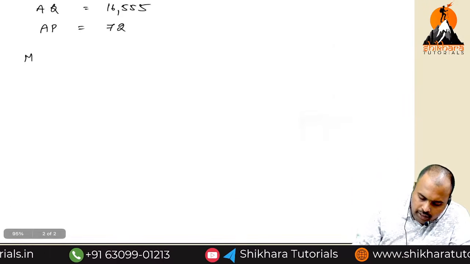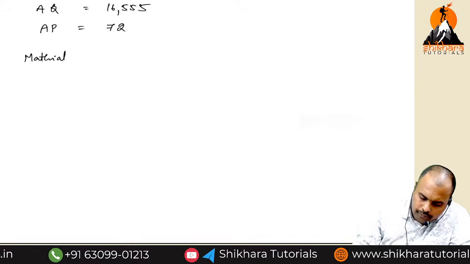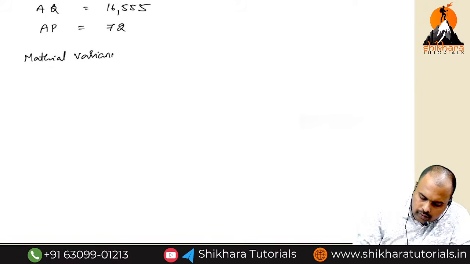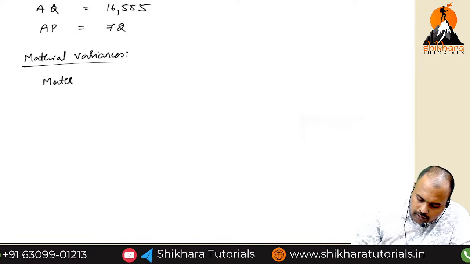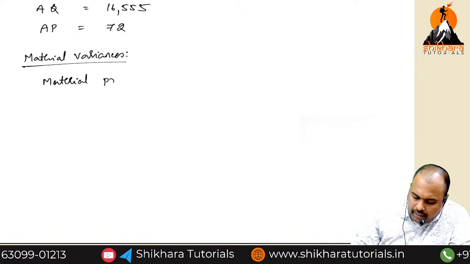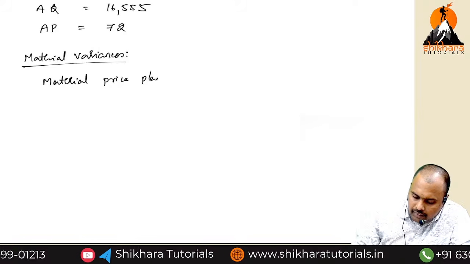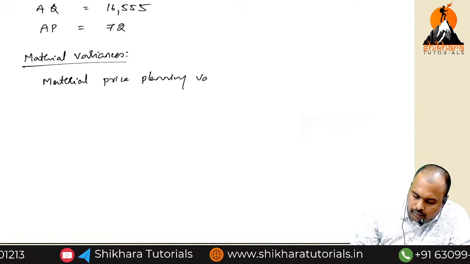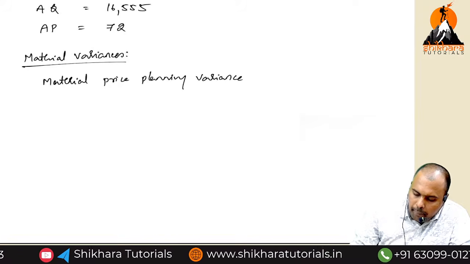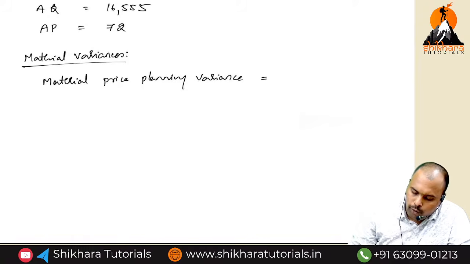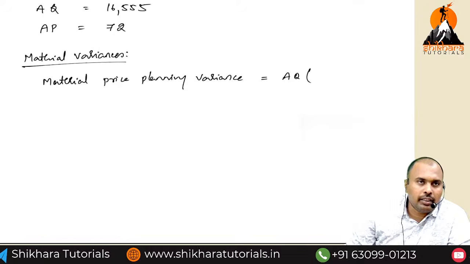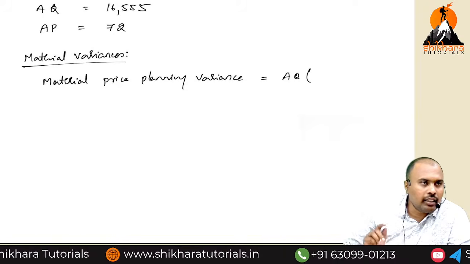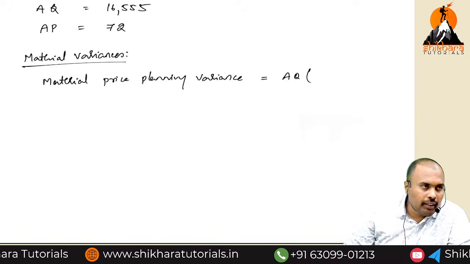Now first one is material variances. What is material price planning variance? Regular formula: actual quantity into standard price minus actual price. In the place of actual price, take revised standard price for planning.